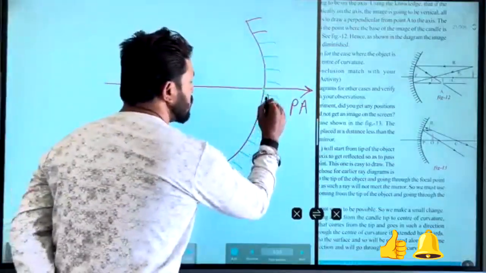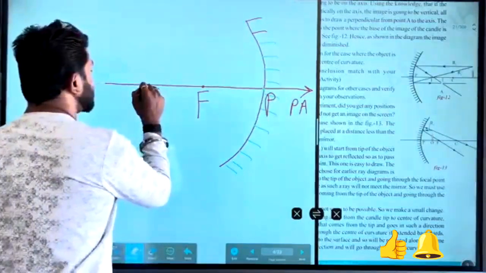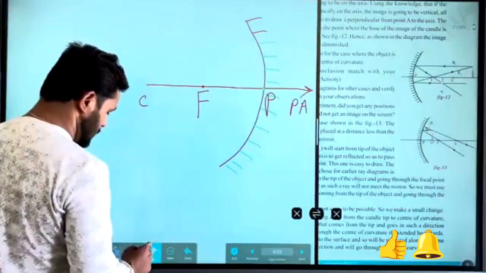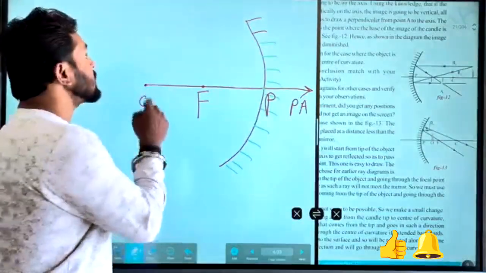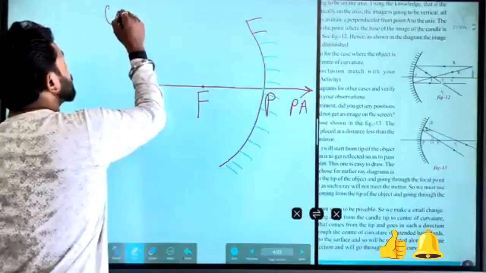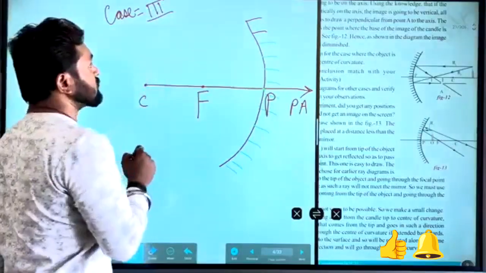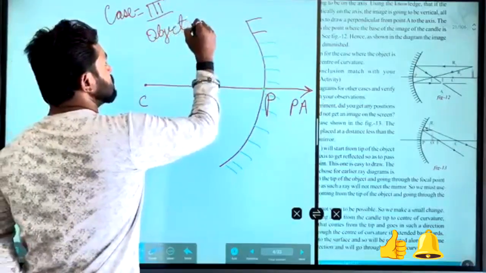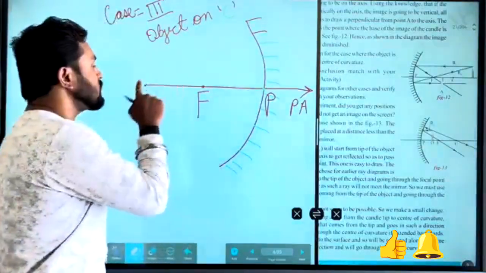Now, this is the pole, this is the focus, and this is the center of curvature. This is my third case, case 3: object on C. C means center of curvature.